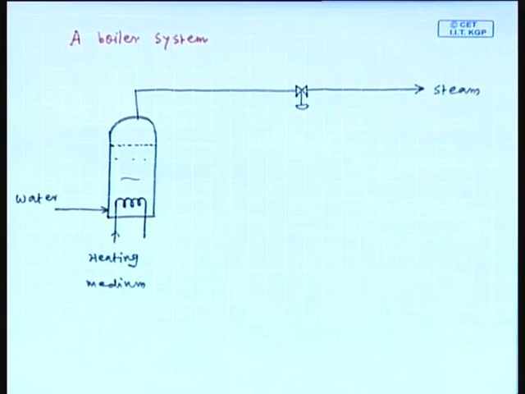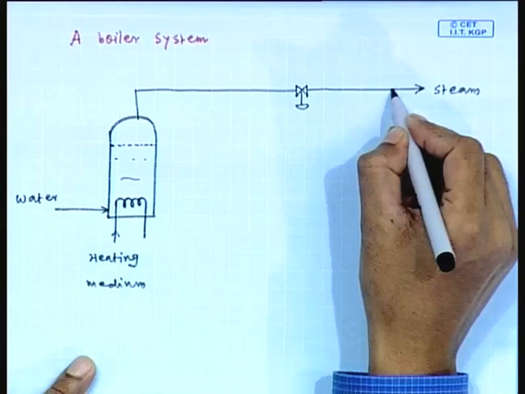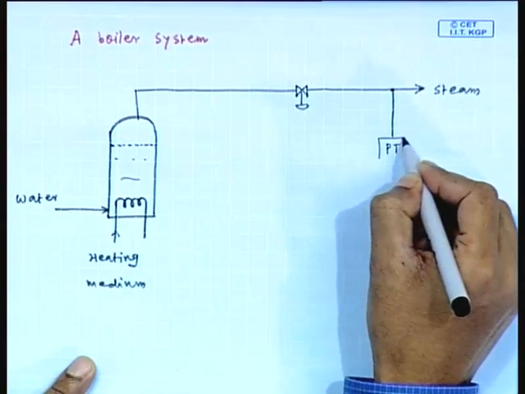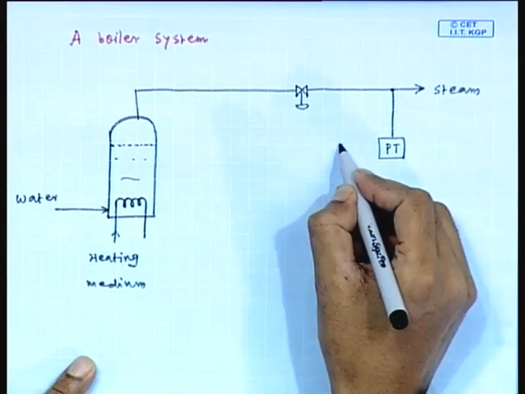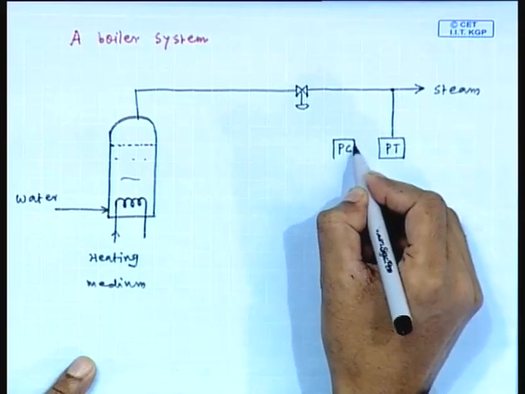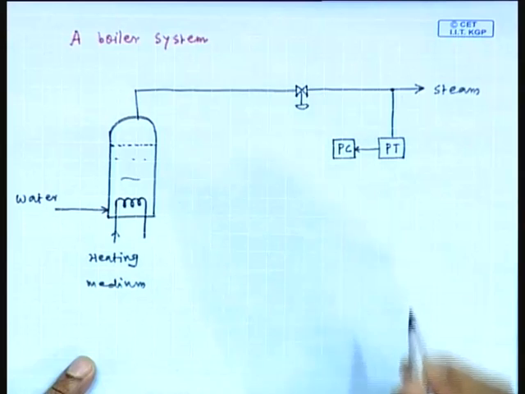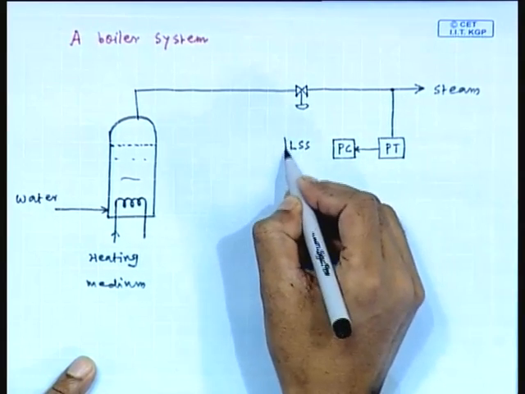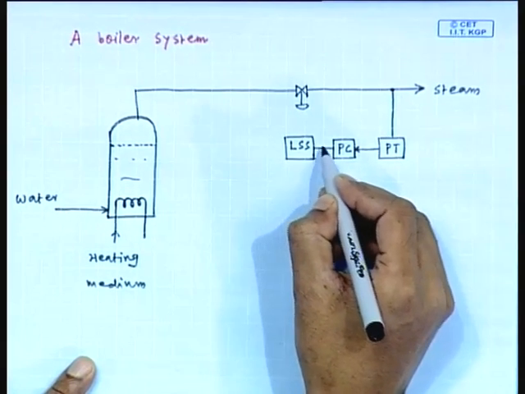Now, we wish to include the control scheme. So, first a pressure transmitter is employed to measure the steam pressure, then a pressure controller, here we use one switch, that is LSS.